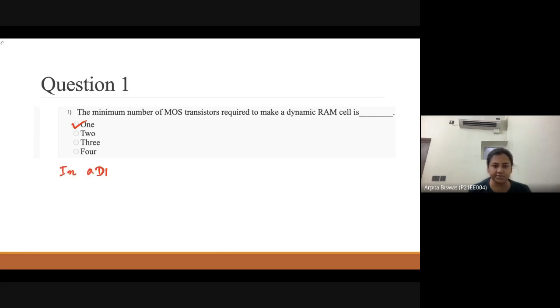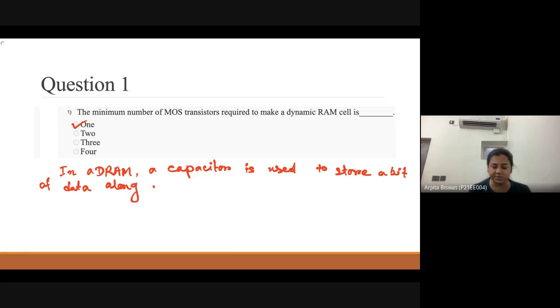In DRAM, a capacitor is used to store a bit of data along with a MOSFET, which acts as a switch.